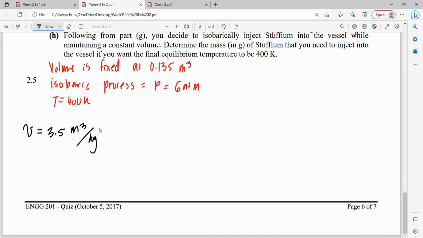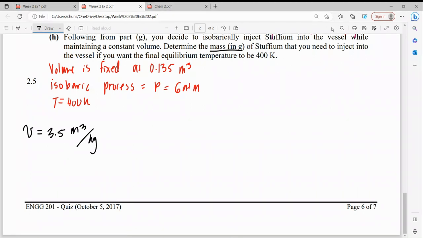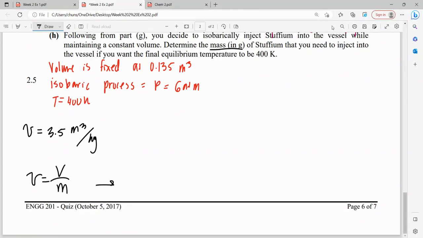And so we want to find the mass that we would need to inject. So we know specific volume is equal to our volume over mass. Let's isolate for mass to get our mass equal to volume over specific volume. We're given our volume up here, so 0.135 meters cubed over the one we read off of our graph.